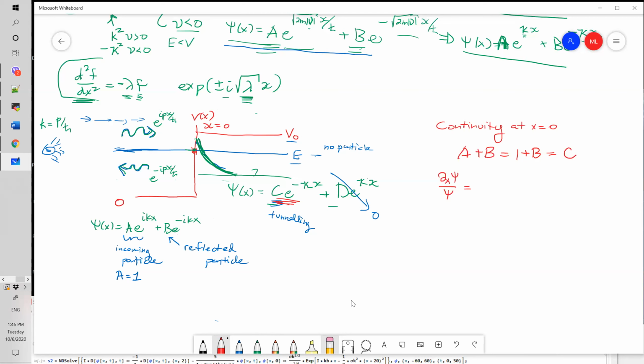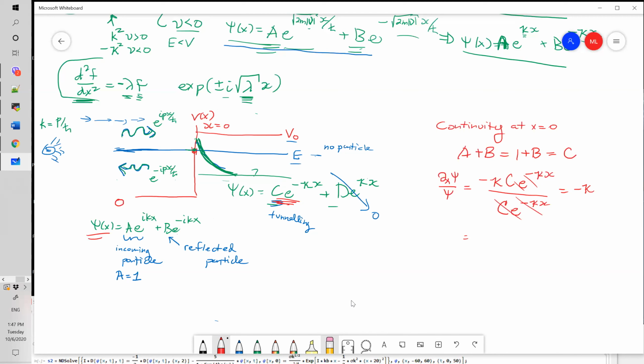We pull down a minus kappa c e to the minus kappa x divided by the function itself, which is c e to the minus kappa x. You see, it's so nice because this stuff cancels, right? So in one region, it's just minus kappa. How about the other region? In the other region, it's this guy, a plus b.